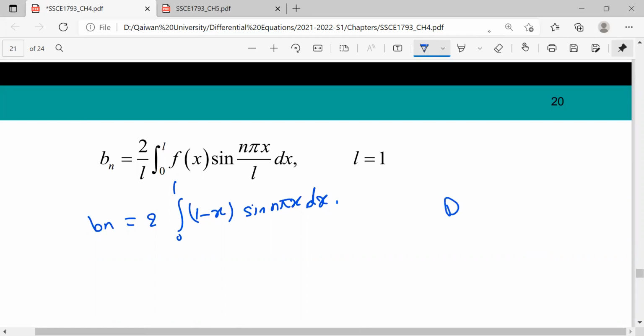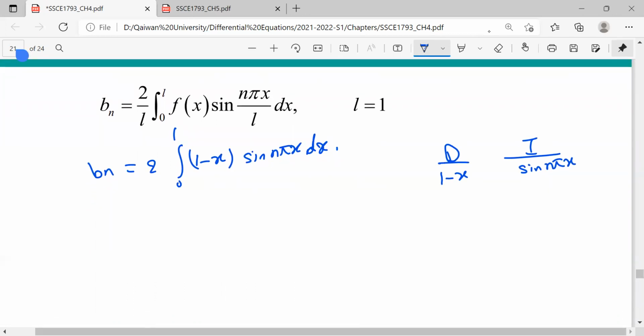We say the derivative part is 1 minus x and the integration part is sine n pi x. Now we take the derivative of 1 minus x till we get 0. The first derivative is -1 and the second derivative is 0. So we just need two derivatives.